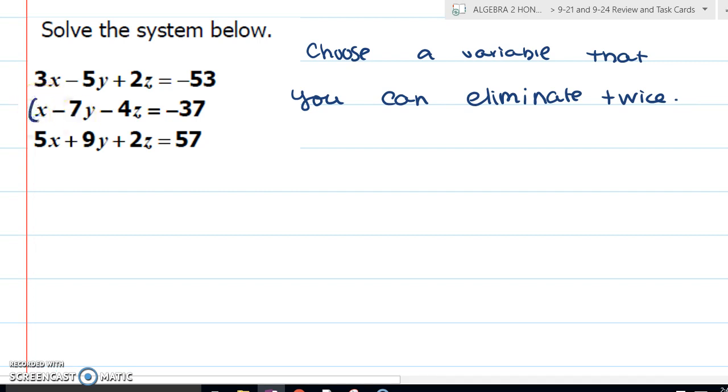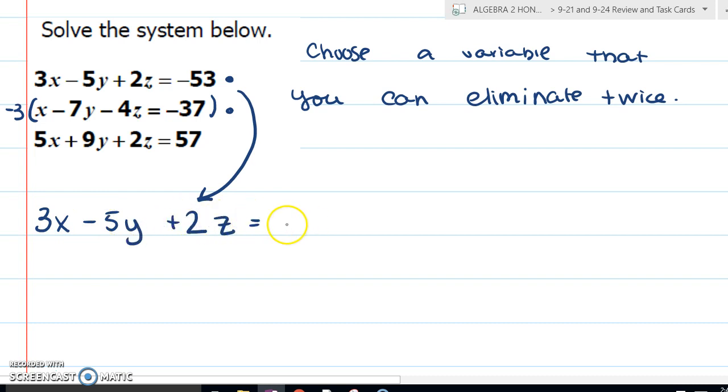And the first time, I'm going to multiply this equation by -3 using equation 1 and equation 2. So now we have 3x minus 5y plus 2z equals -53. And then the second equation will be -3x plus 21y plus 12z equals 111.